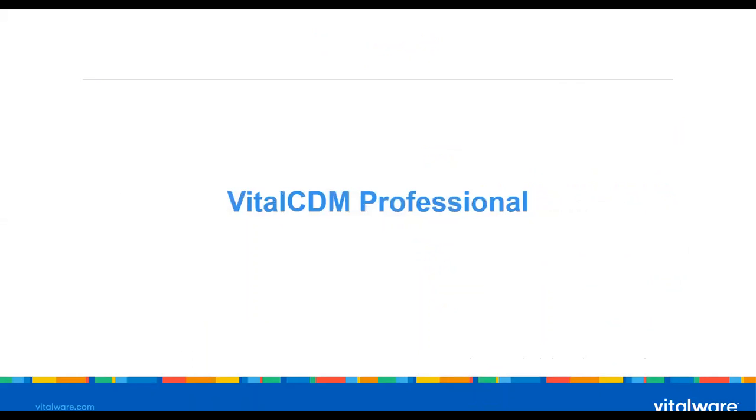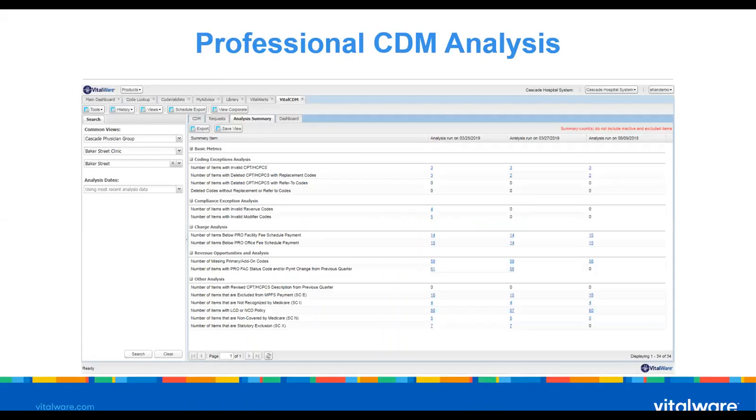Okay, so a ton of information within the VitalKnowledge application, and let's talk about how we use this within our CDM analysis. We can actually pull your file into our application from your physician-based system that you're using, be it LSS or GE or any of the other physician-based DMRs.